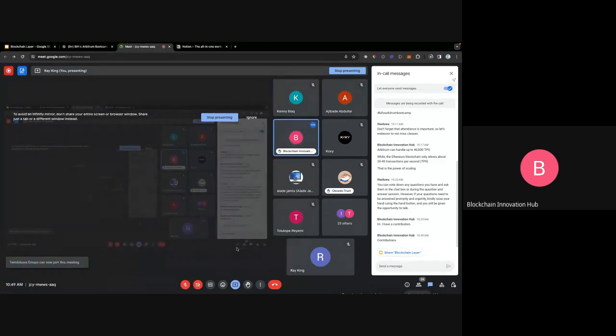I would just like to explain this concept of blockchain layers from another perspective, because most people, when they hear about blockchain and blockchain layers, get confused when it's too technical. So let's look at it from a layman's perspective.